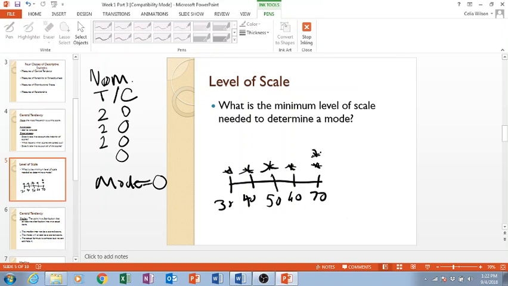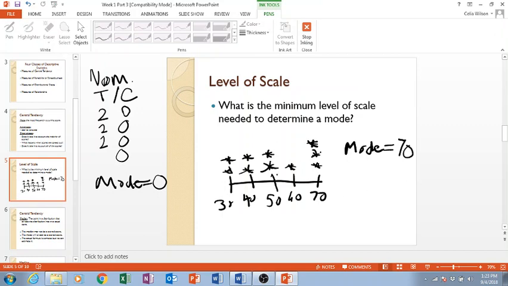You're jealous. All right. And here, and here, and here, and here. Okay, so here's your distribution. I plotted it for you on this number line. So what would the mode be of this distribution? All right, what's the most frequently occurring score? Well, it's going to be 70. All right, so before we go any further, let's think about that.